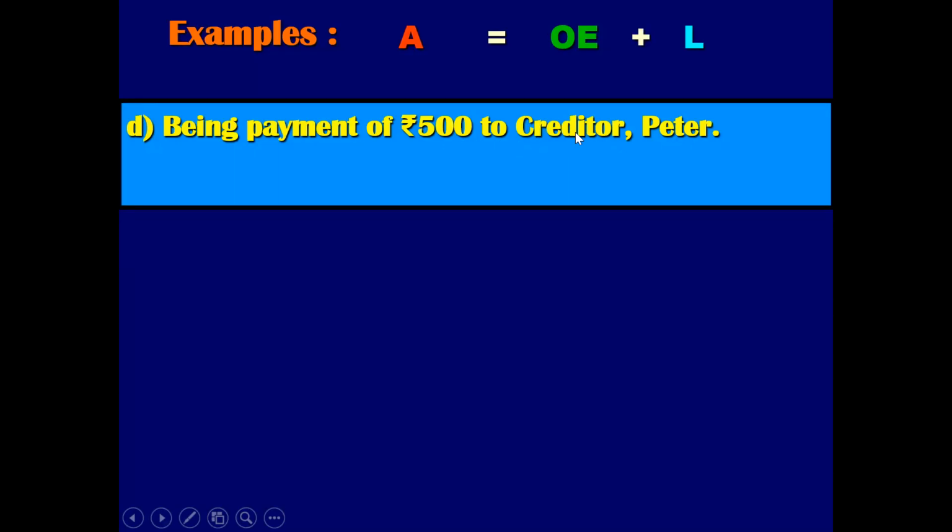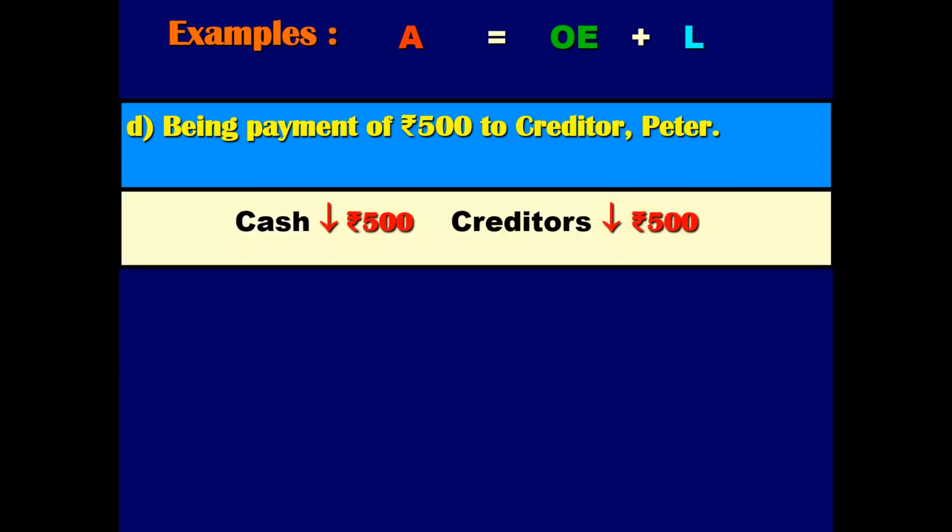So in this statement, cash is one character, creditor is one character. Listen. Cash goes out and the creditor level also comes down, because the total payment is 1,000.